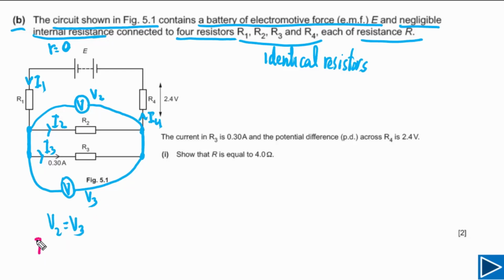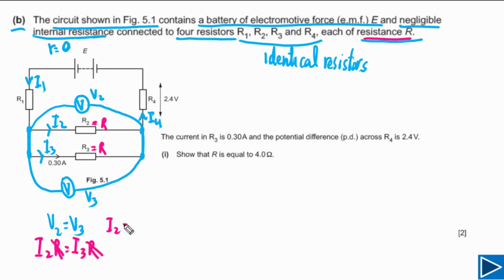V2 we can also write down, V2 is equal to I2 times R, because R2 is equal to R and R3 is also equal to R as it is given in this question. We can also write down V3, this will be equal to I3 times R. Now R is common on both sides, we can simply cancel.